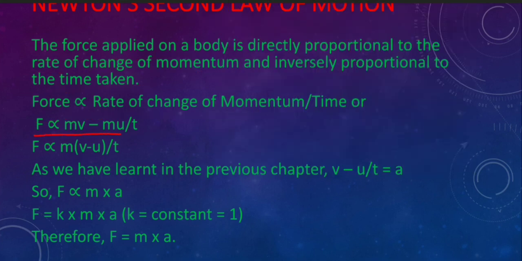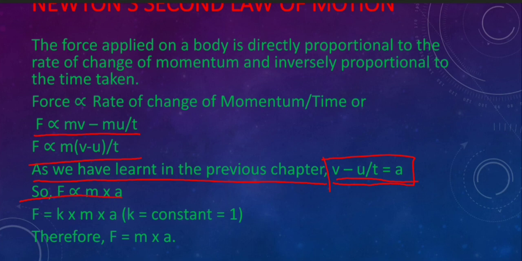So F is proportional to (mv minus mu) by t, or we can write this as F proportional to m times (v minus u) by t. As we have learned in the previous chapter, (v minus u) by t is acceleration. This is the formula of acceleration. So this gives us force is directly proportional to ma.